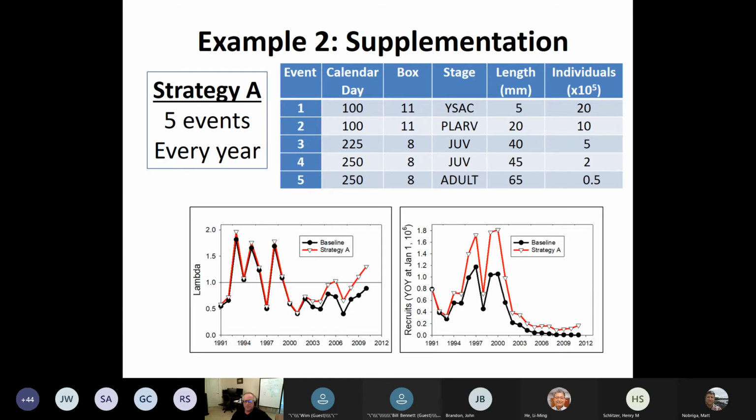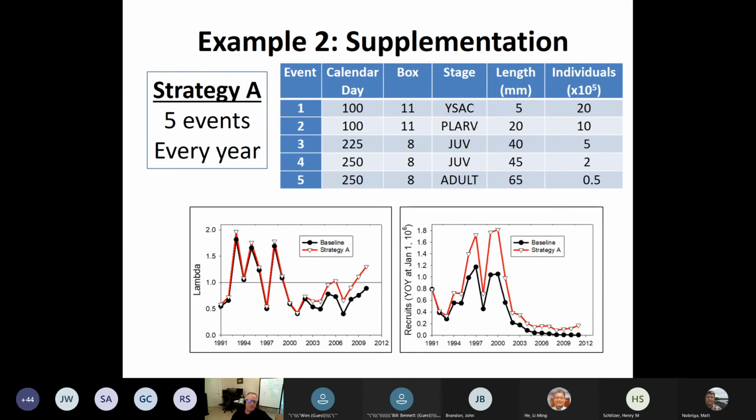That's the day we put the extra individuals in there, what box, what stage, their length, how many. And then we can run the model. Every year we do that, 5 events, and we see how the population growth rate would change each year. And that's the red line over the black line. It's called strategy A because I thought I would have time to do B, but that's the only reason why it's called A.